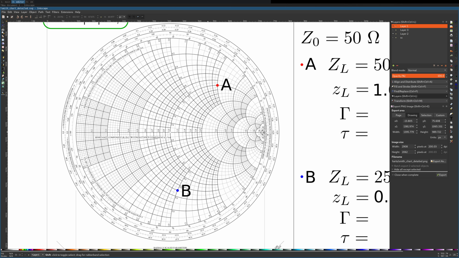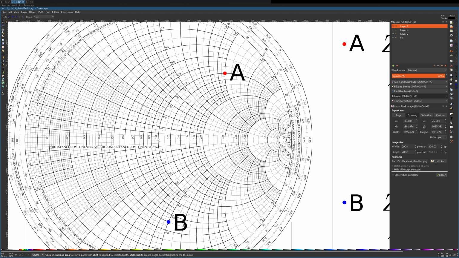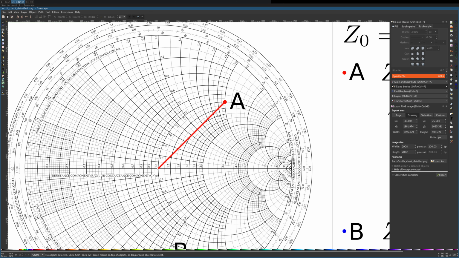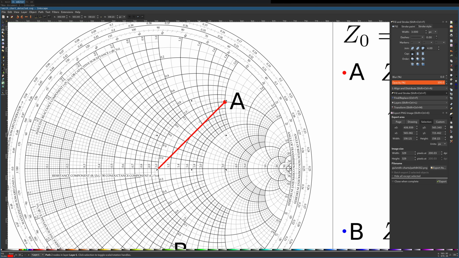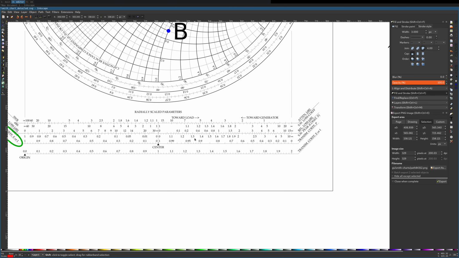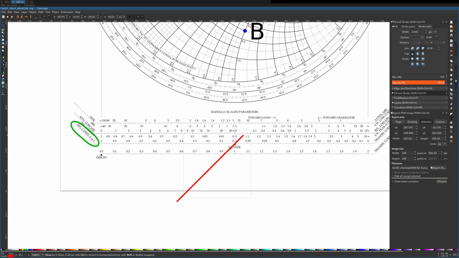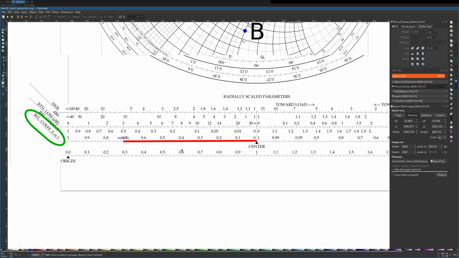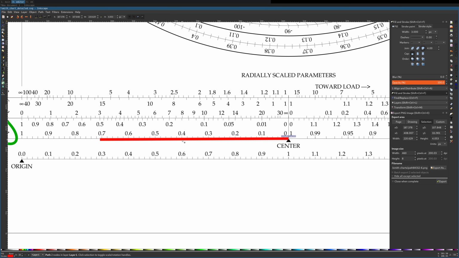I'll use A as an example. First, you draw a line from the center point of the Smith chart to point A. With this line, I'm effectively using this line as a ruler, and I'll paste it here, anchored on the center point, and rotate it until it reaches the horizontal position.